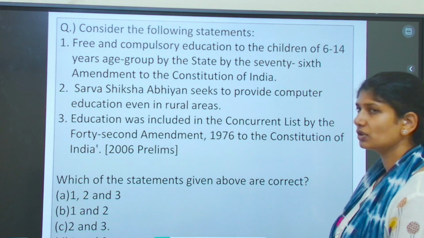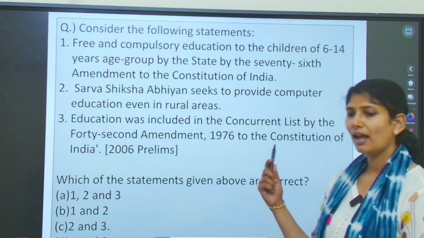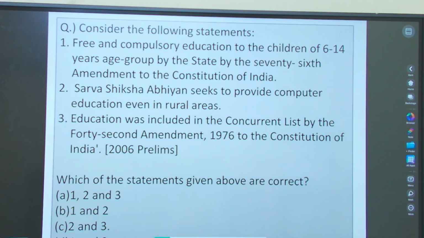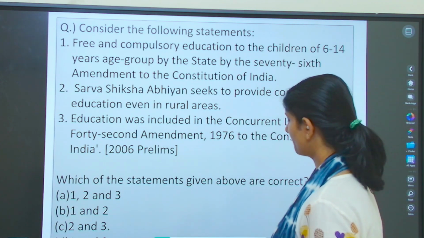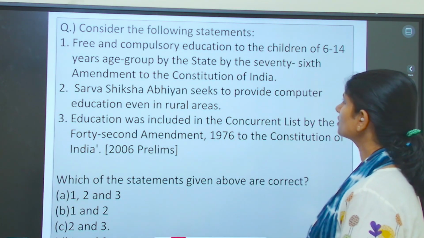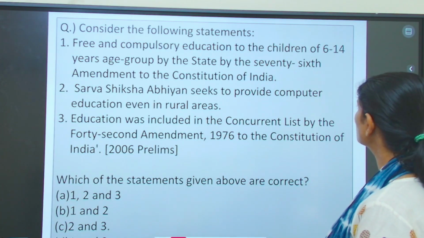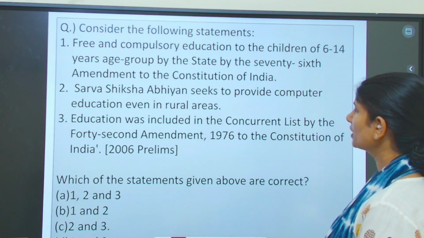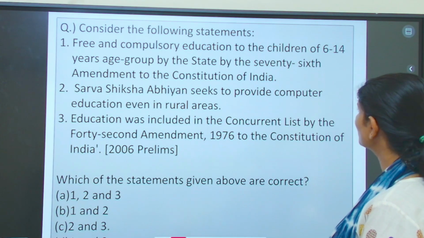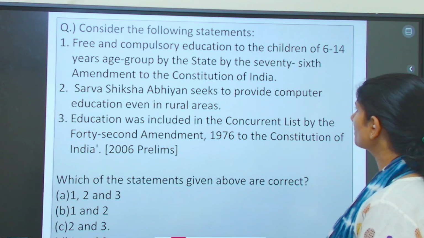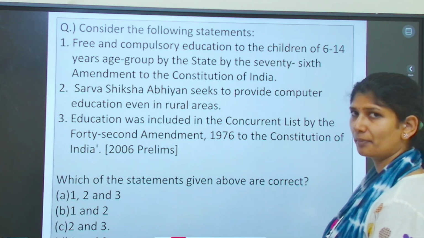Now, this is a 2006 prelims question. Have a look at this question. Consider the following statements. Free and compulsory education to children of 6 to 14 years age group by the state by the 76th Amendment to the Constitution of India.